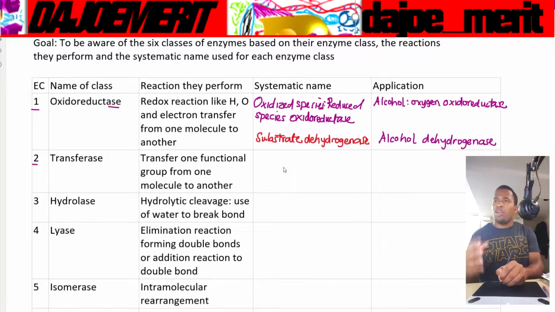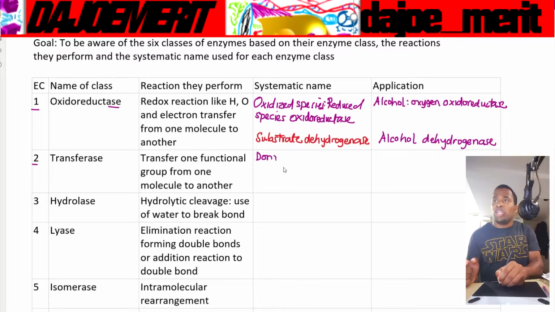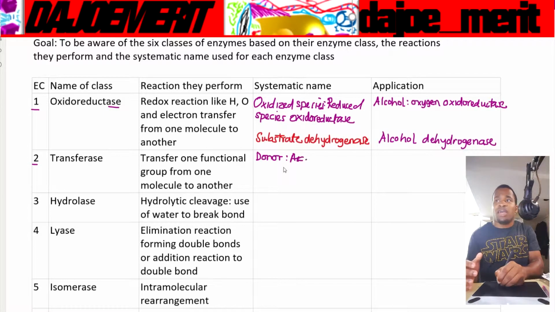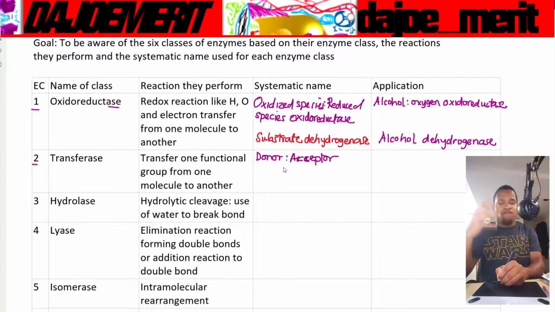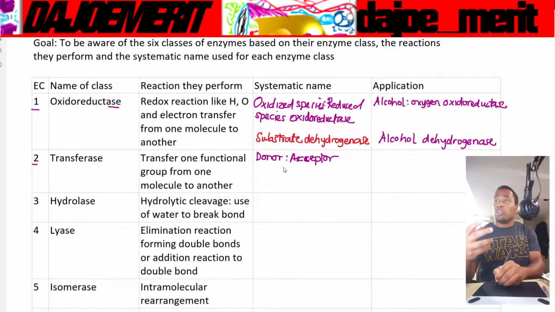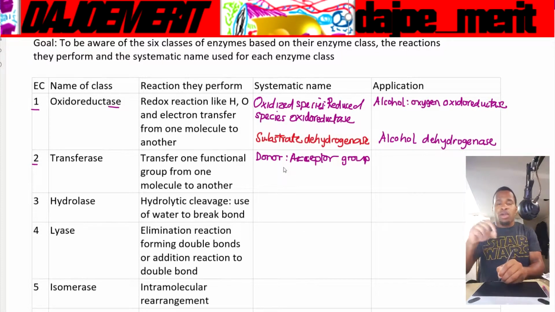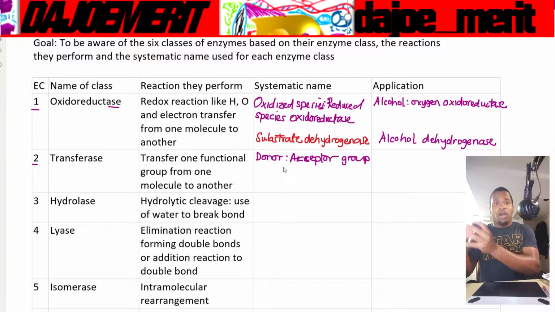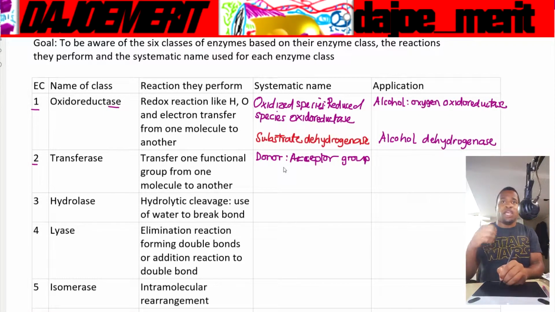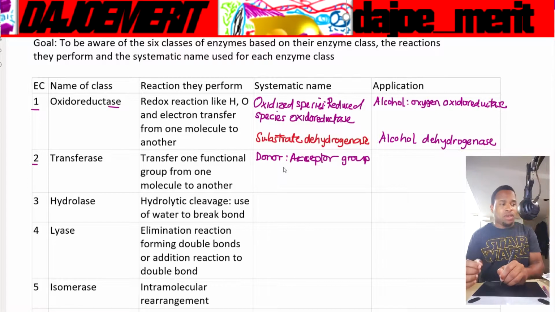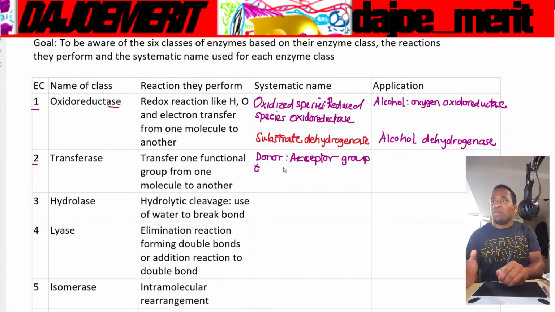In this case, you have to focus first on the one that does the donation, which is called the donor, and then you look for the acceptor in that specific reaction, and then finally you add the group name that is involved in the transfer from one to the other, and then finally we put down the general name, which is transferase.